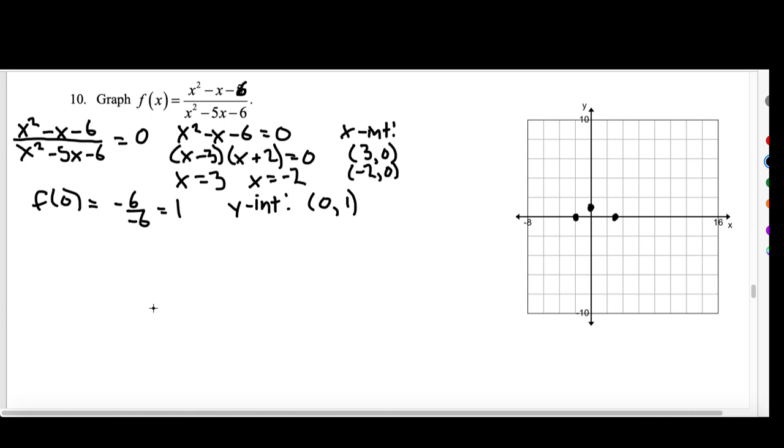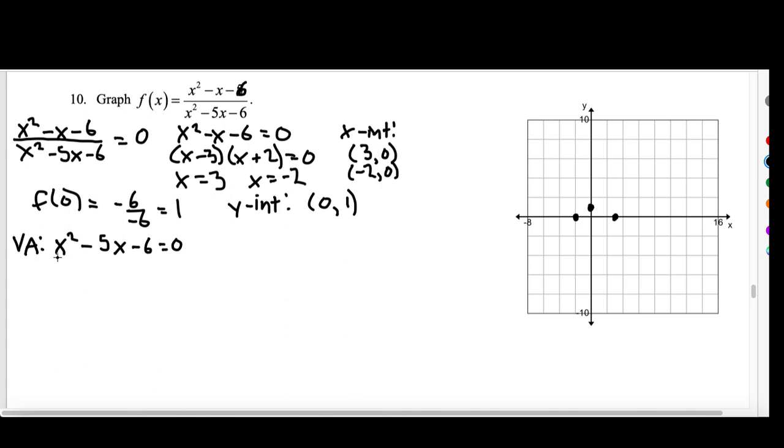Start with vertical. Vertical asymptotes always correspond to where the denominator is equal to 0. So I'm just going to say VA as an abbreviation for vertical asymptotes. To find these, I set the denominator equal to 0, x squared minus 5x minus 6 equals 0.